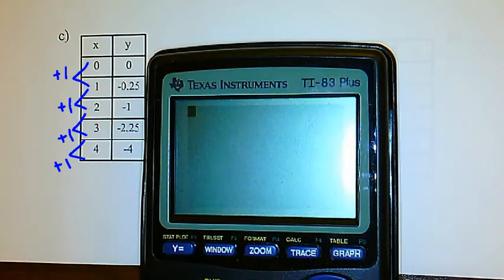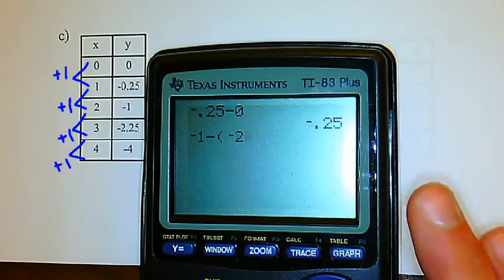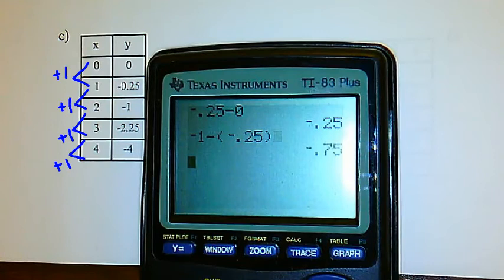So let's see. So I know that to get from 0 to negative 0.25, I'm subtracting 0.25. Negative 1 minus negative 0.25, so then I subtracted 0.75.